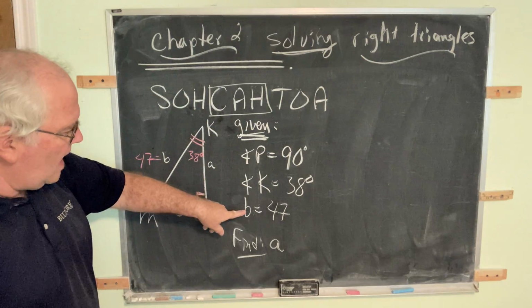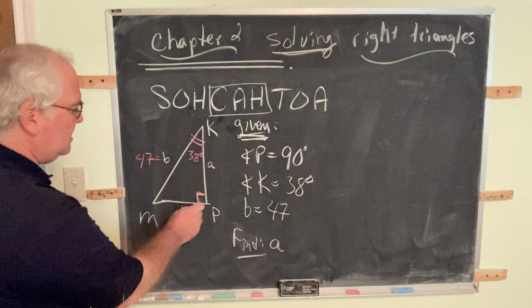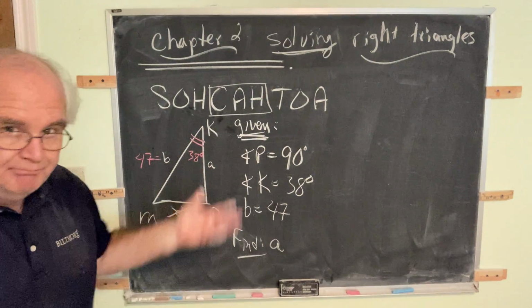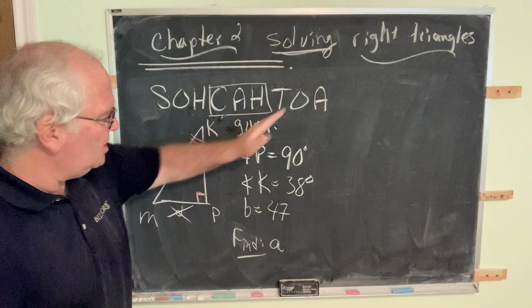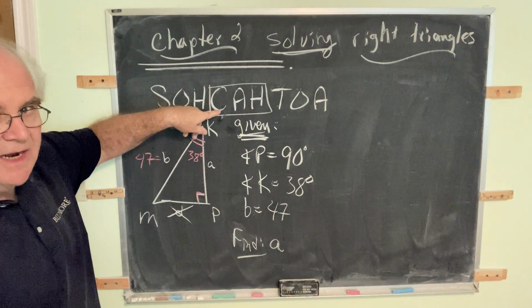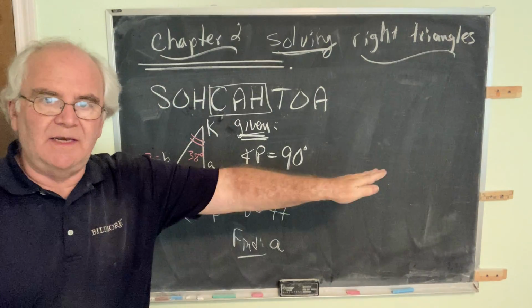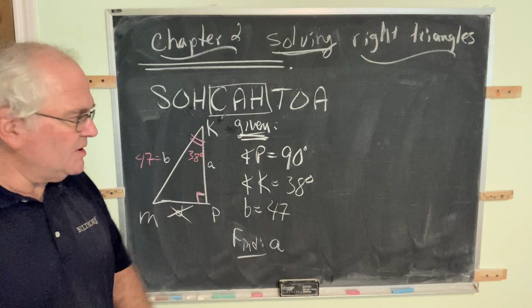We are given hypotenuse, we're asked to find adjacent, so opposite doesn't enter into this problem. You choose the function that uses adjacent and hypotenuse, that's going to be cosine. After that, you just write it down and it almost solves itself.